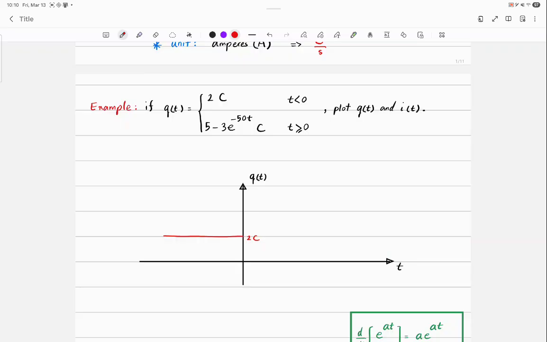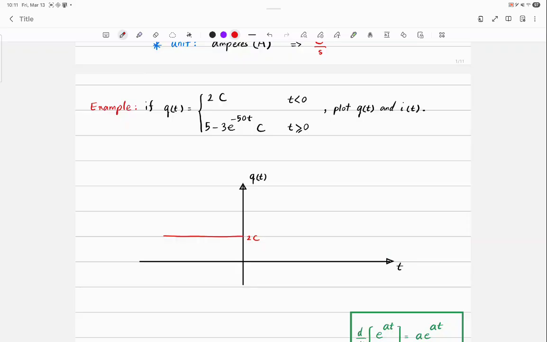How about for positive time? How should I plot this? What's the function like? It's an exponential function. How do you plot an exponential function? You cannot exactly plot it, right? Because it's not a line, it's a curve. So how do you approximately plot an exponential? You need to do two things.